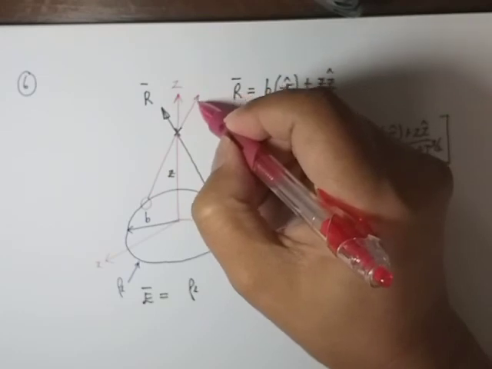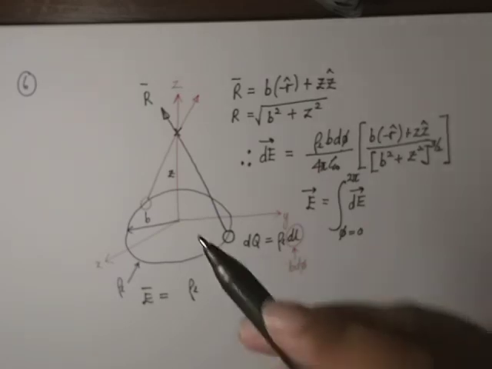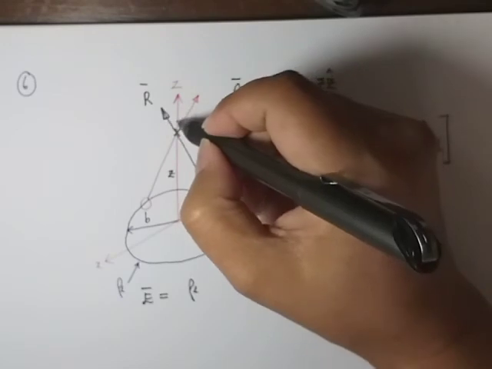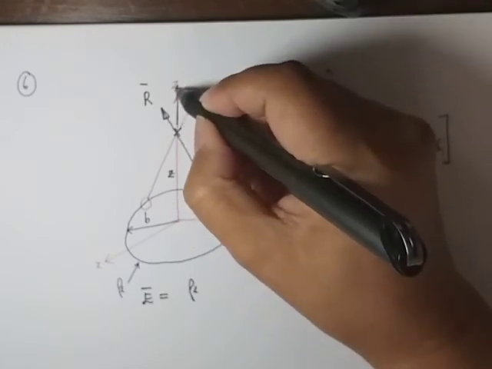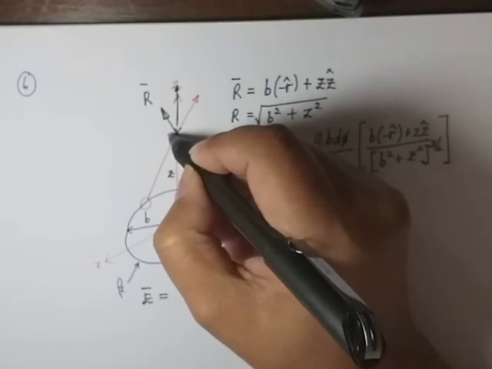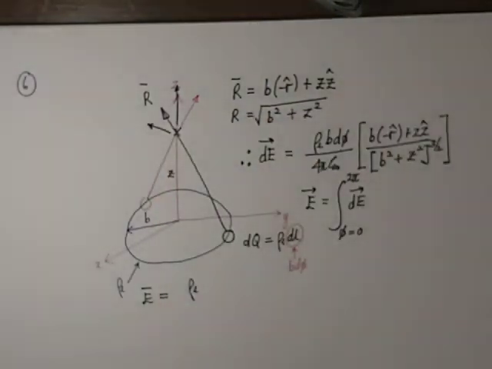Agreed? Okay. So let's recall the black component first. The black component, we can see the E actually can be split into this component and the horizontal component. So that should be our black component.